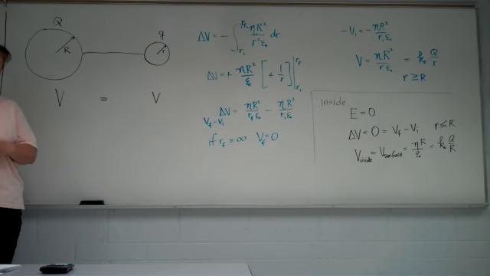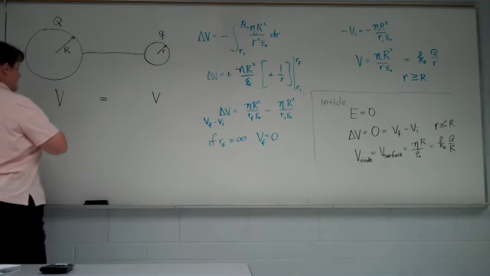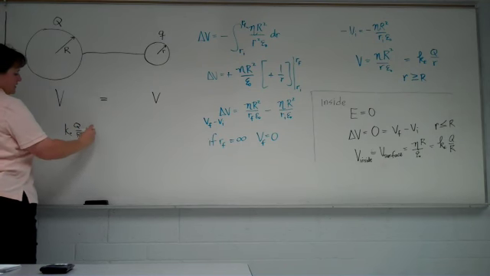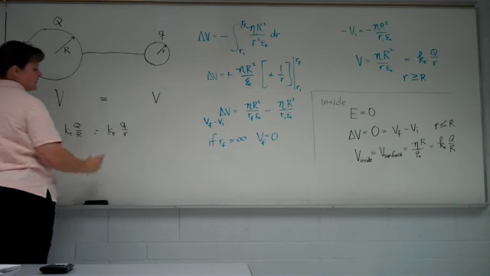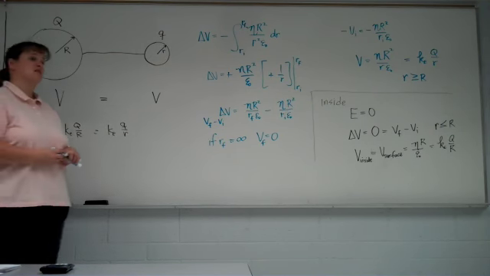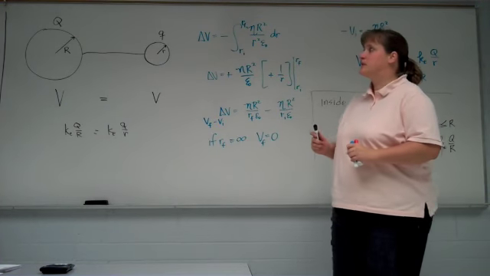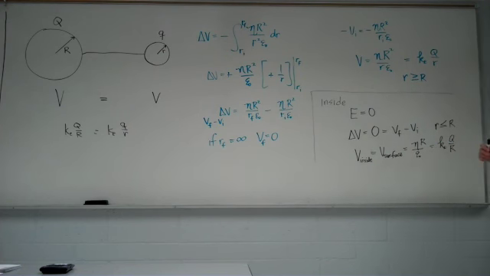That's how the charges distribute themselves. So basically the ratio of kQ over big R ends up having to equal k little q over little r if they're in contact with each other. So any conductor in equilibrium has the same potential value everywhere.